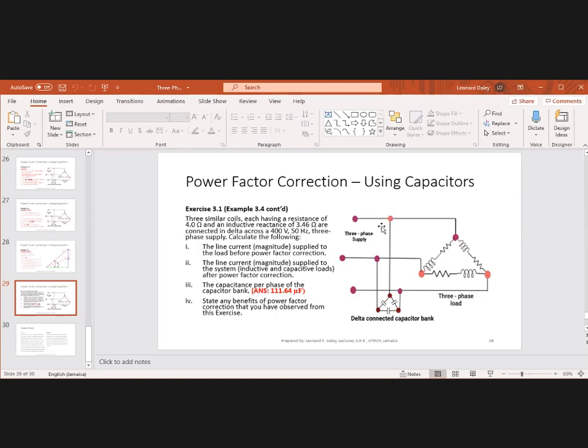All right. So that's one benefit of power factor correction. You have reduced losses on the line. So that ends up making your system a little more efficient. All right. What I want you to do is go and research benefits of power factor correction. You can find them in the textbooks. All right.